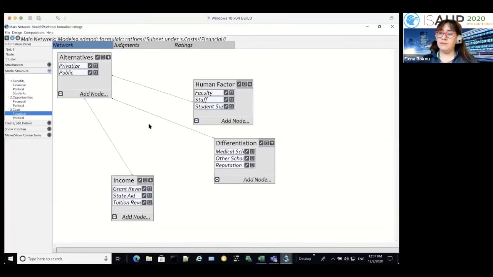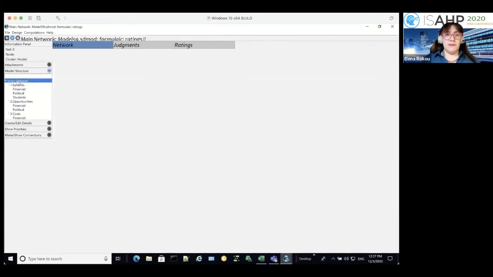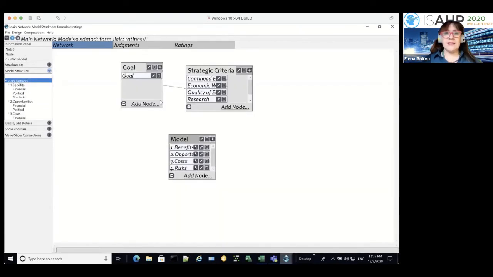And talking about the results, let's see how you actually build them bottom up. So here is my full model. Let's assume that my full model right now has all the pairwise comparisons in place.